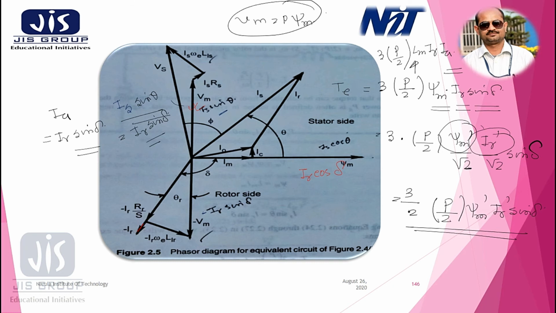This is Lm Im, and this Im is the magnetizing component of the stator current, and this Ia is the torque component of the stator current.